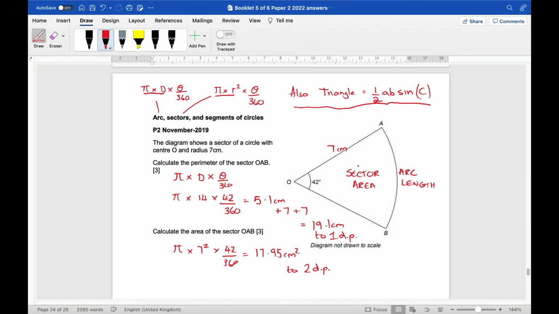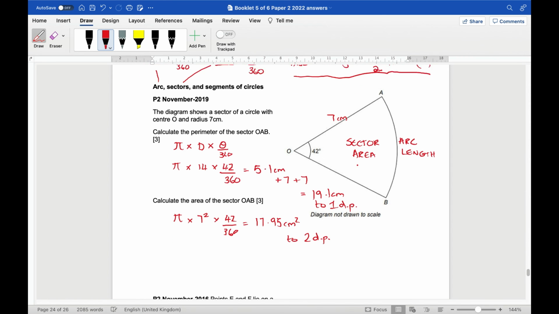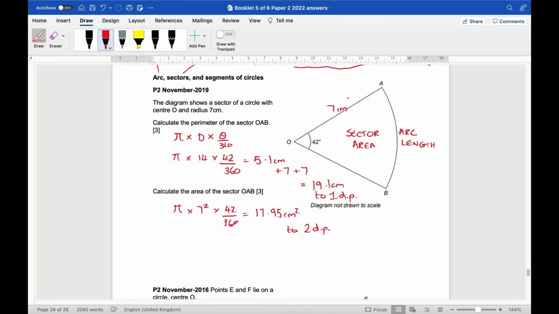So what I've done a basic one here for you, okay? The perimeter of the sector is 7 plus another 7 down here, plus whatever this arc length is. And to work out the arc length, I've done pi times the diameter, which is double 7, which is 14, times the fraction I want, which is 42 out of 360.